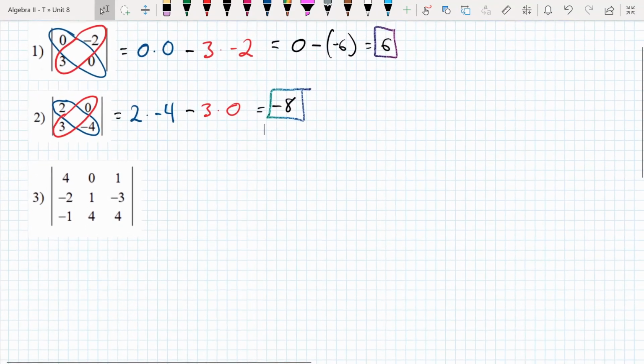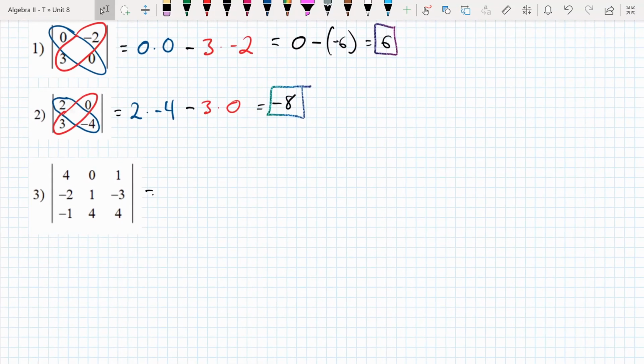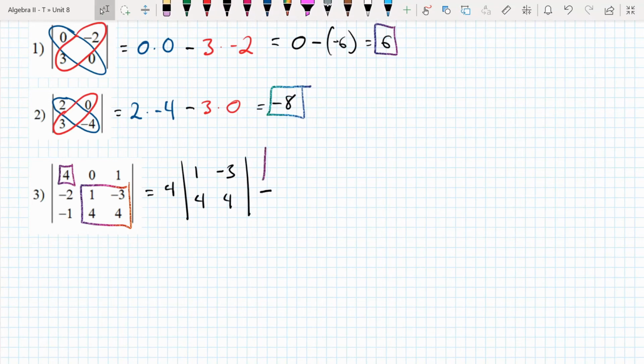Well, what I want to do first is, we're going to kind of do this in 2 steps. So number 1 is we're going to take this 4, and we're going to multiply it by the determinant of this matrix down here in the bottom right. So 4 times 1, negative 3, 4, 4, minus, okay, there's a minus here instead of a plus, minus our middle number.